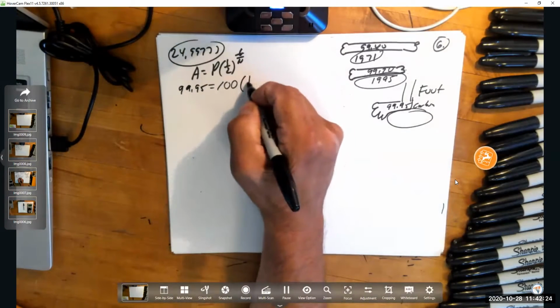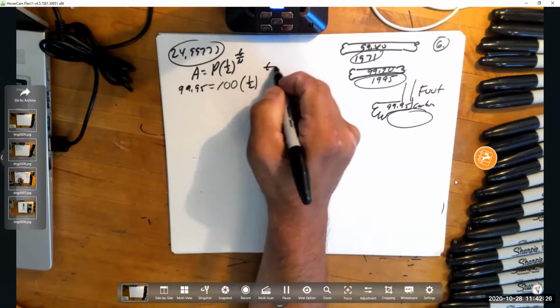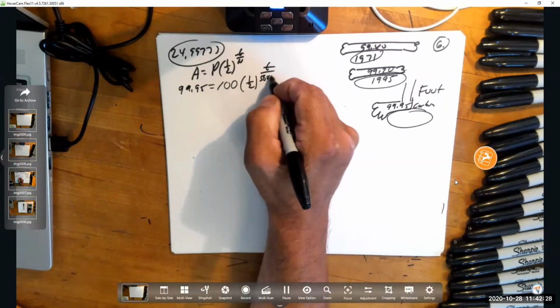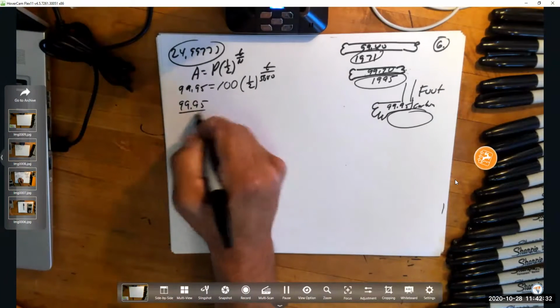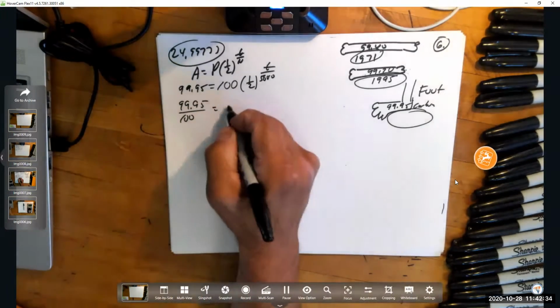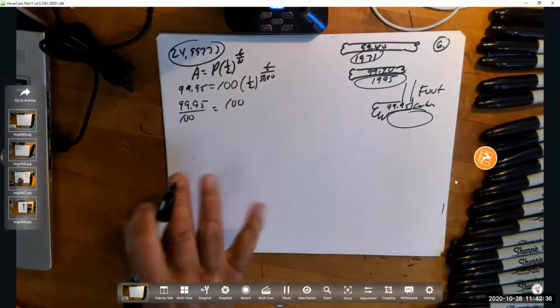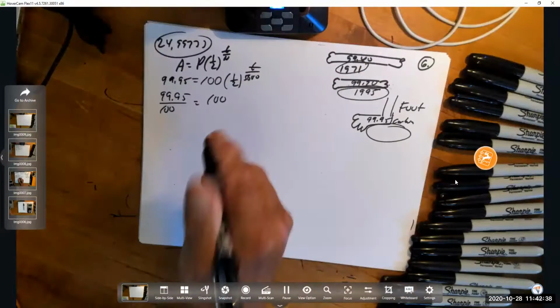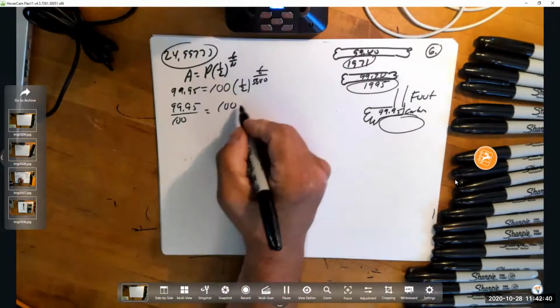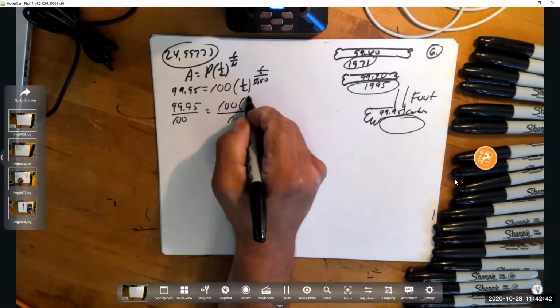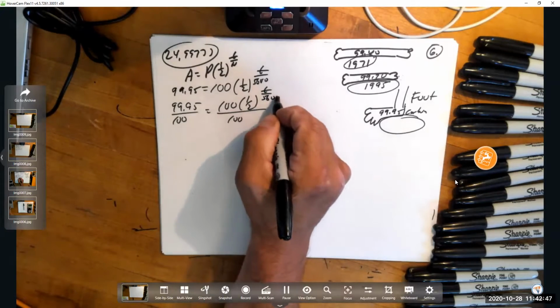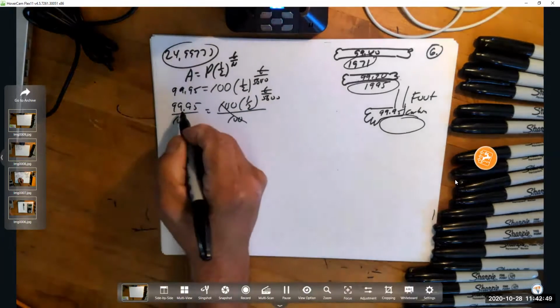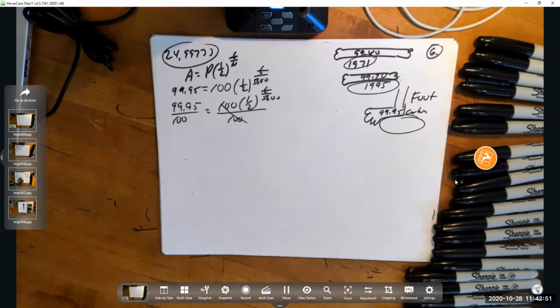So everything else is the same. 1/2 T over 5600. So 99.95 divided by 100. This one divided by 100 also. These are gone. So do this with 99.95 divided by 100. You do it on the calculator.